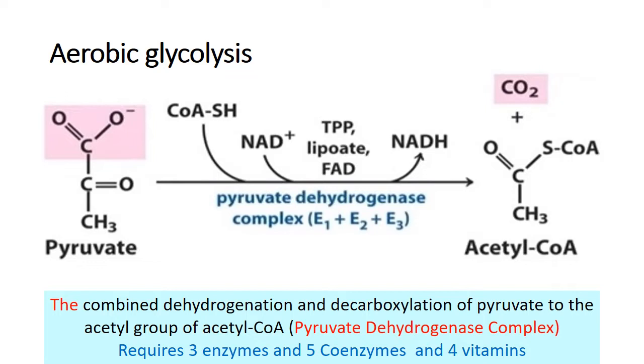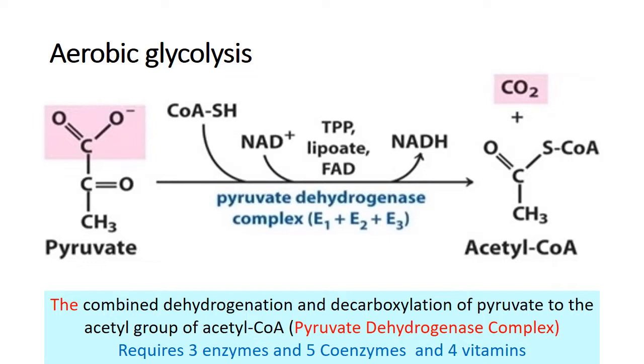The 5 coenzymes are thiamine pyrophosphate, NAD, FAD, lipoate and CoA, whereas the 4 vitamins are thiamine in the form of thiamine pyrophosphate, niacin in the form of NAD, riboflavin as FAD and pantothenate in coenzyme A.